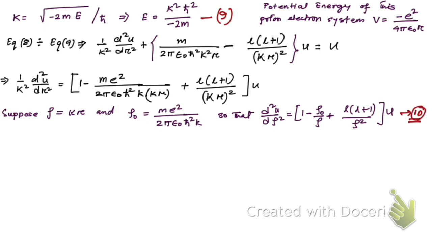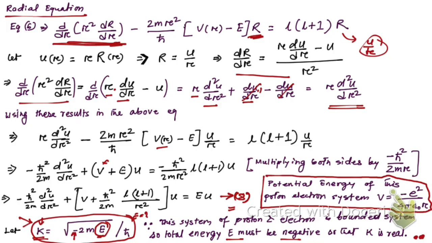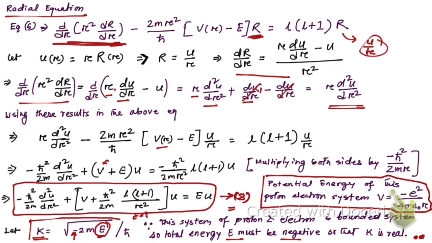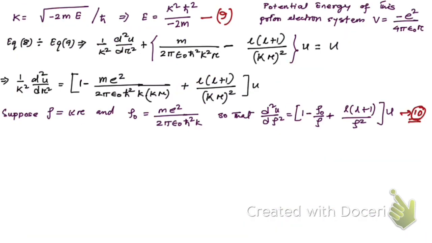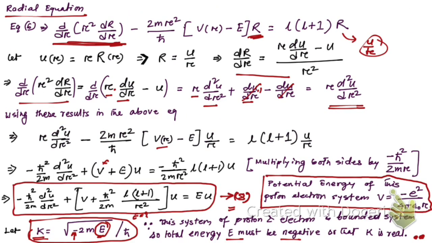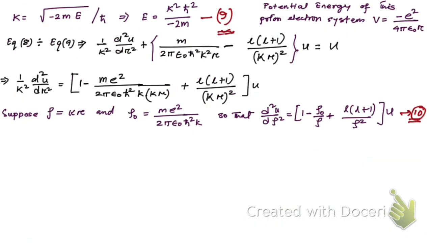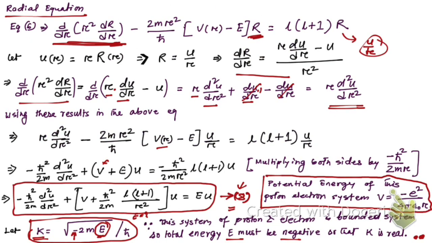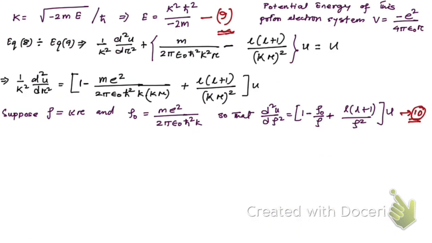What we have done here: this was equation number 8, and from the expression k is equal to this, we have obtained equation number 9, and we have divided equation number 8 by equation number 9. But what we have done is divided the right hand side by the left hand side.